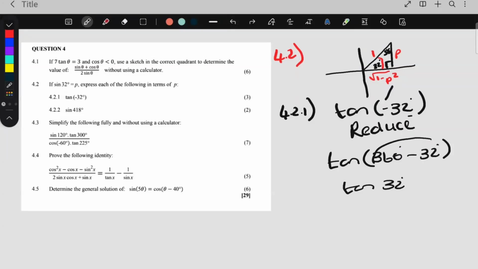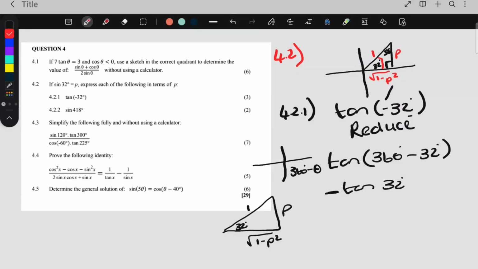So now I go, this 360 minus something is in what quadrant? That is in quadrant number 4. And in quadrant number 4, tan is a negative. So there I have the sign in front. So now I ask myself again, is there a 32 in the diagram? Yes, there is. And I go stand here by 32.